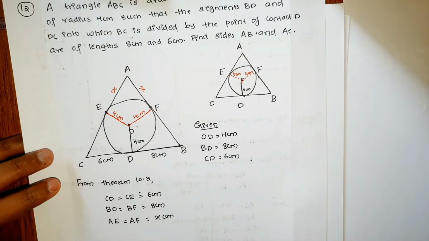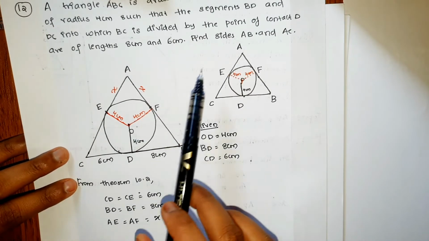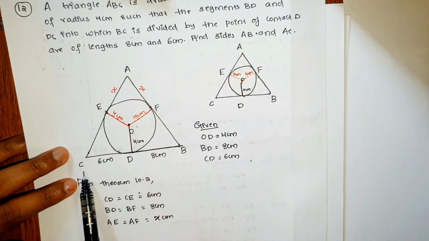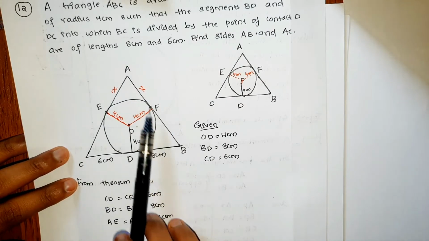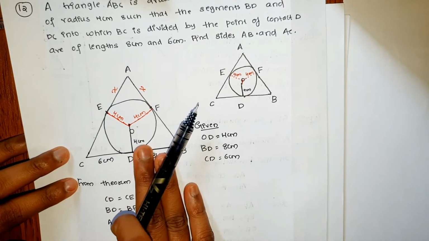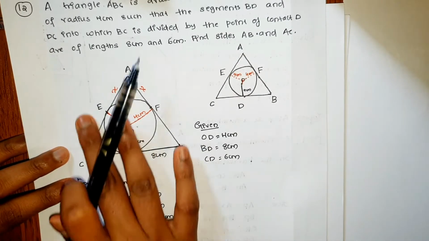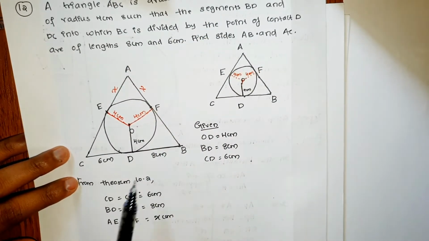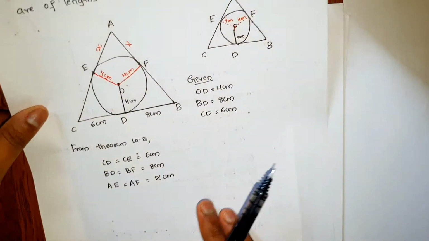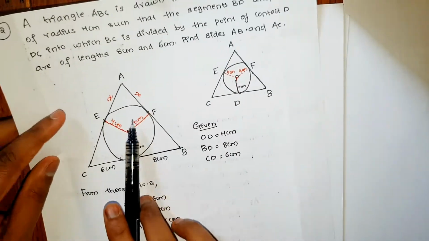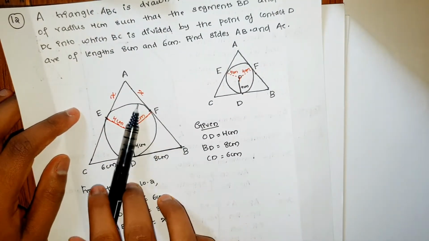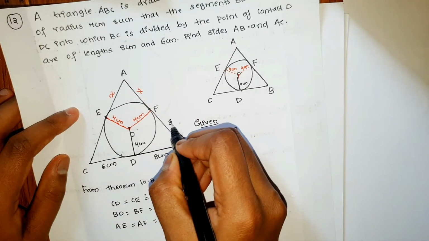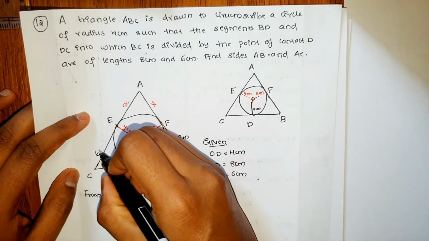So, students, here we have to find the sides AB and AC. So, we are going to find the area of the full triangle ABC. For that, we have to find the sides. So, what is side AB? AB side is x plus 8 cm and 6 cm.